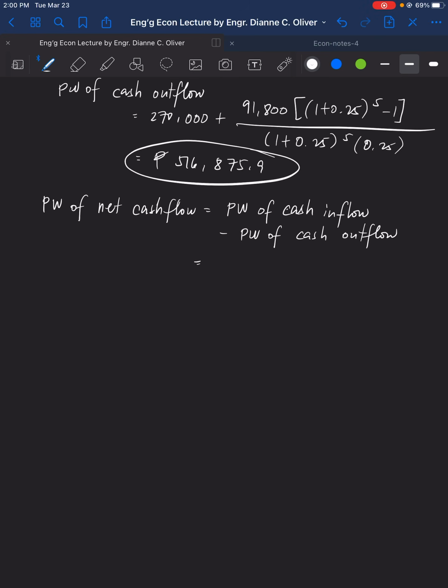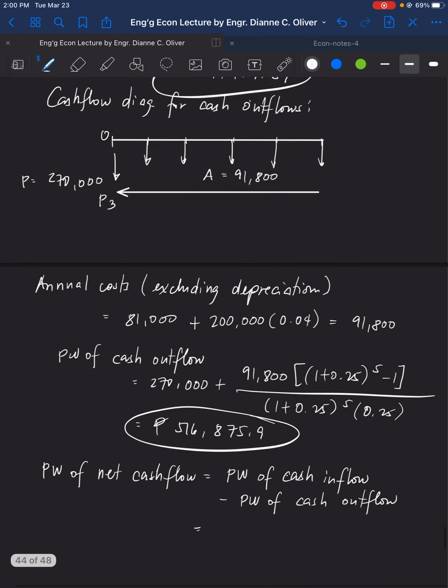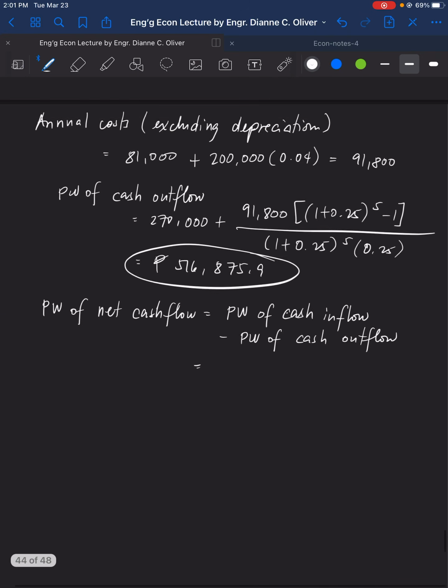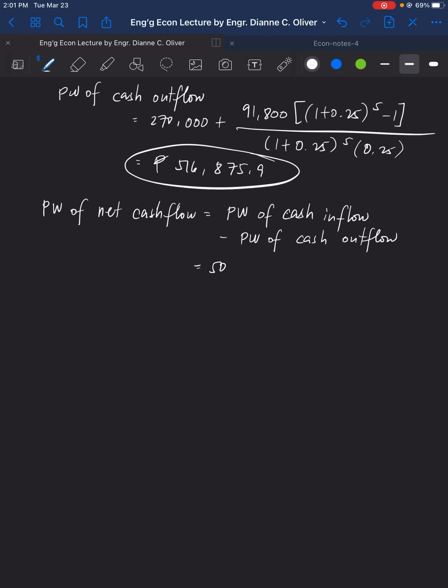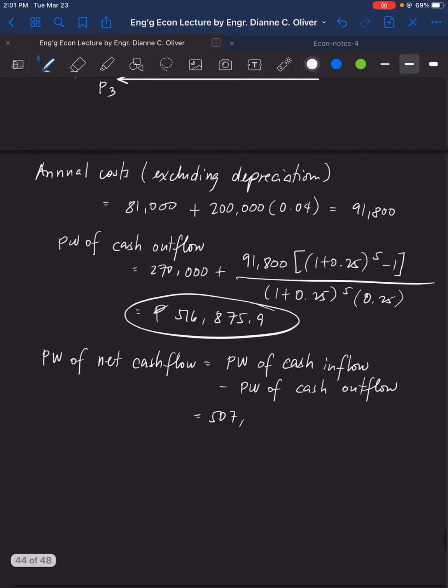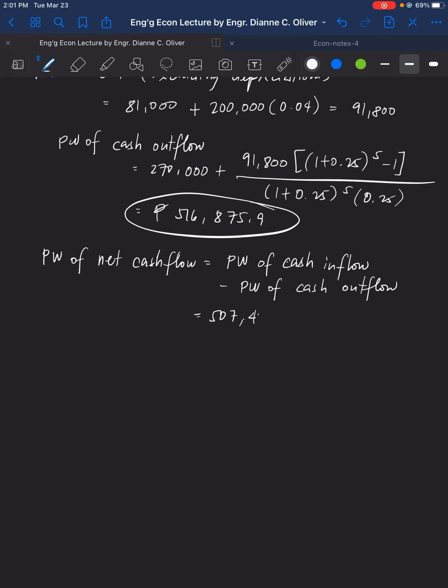That is equal to, previously we have the cash inflow of 507,439.87 minus the present worth of cash outflows, which is 516,875.9.